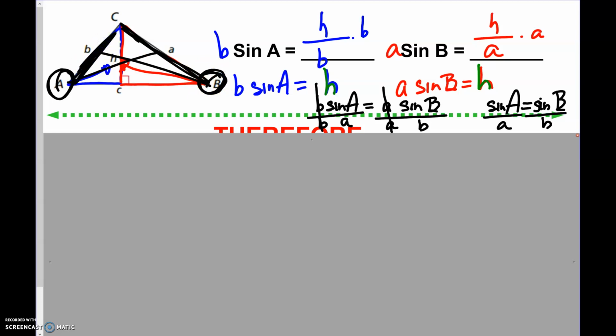Okay, and notice in this triangle ABC, that triangle is not a right triangle. So we started off only using the ratio of sine because we had right triangles, but now we end up with this ratio of the sine of A over little a is equal to sine of B over little b.